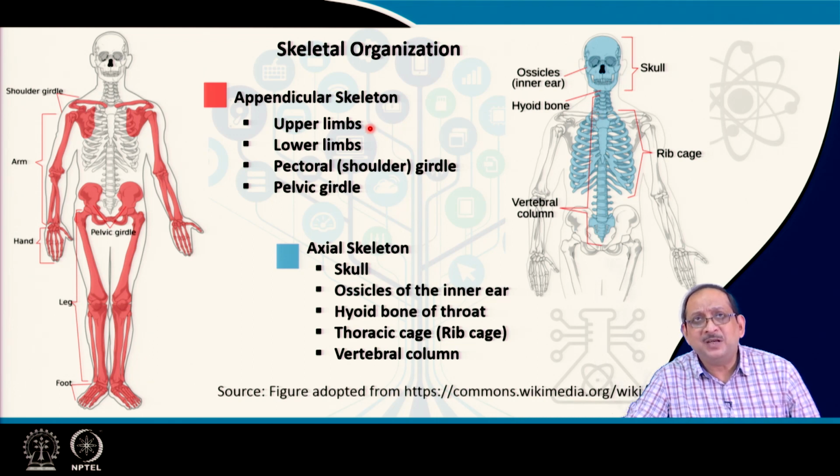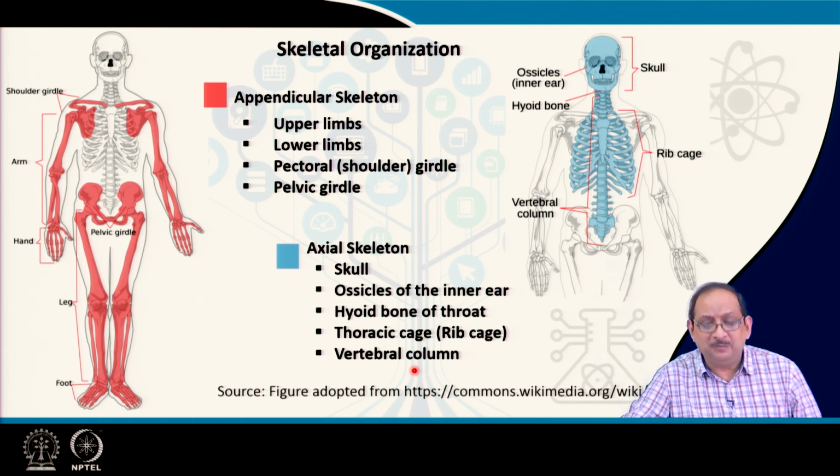The appendicular skeleton consists of the upper limbs, the lower limbs, the pectoral or shoulder girdle, and the pelvic girdle as shown in the figure. Whereas the axial skeleton consists of the skull, the ossicles of the inner ear, the hyoid bone of the throat, the thoracic cage or the rib cage, and the vertebral column.